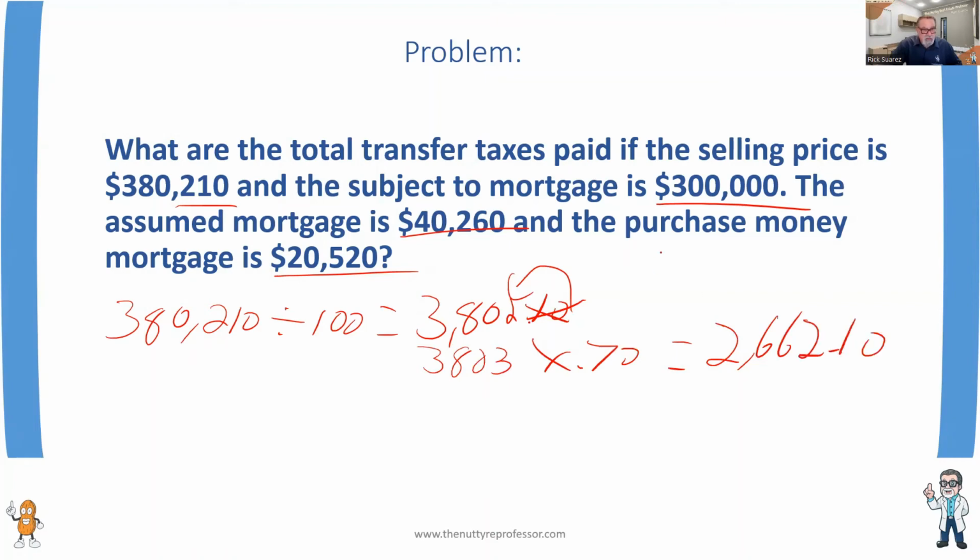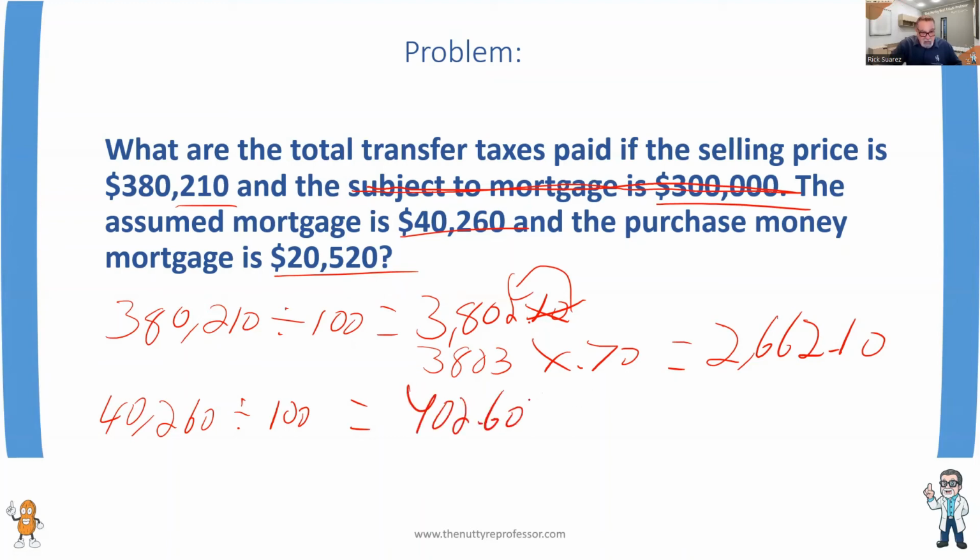2,662 with 10 cents. This one we don't need to worry about because it's subject to mortgage, and subject to mortgage just doesn't pay. The buyer is not liable, so there's nothing transferring, so he doesn't pay anything. The assumed mortgage is 40,260. So let's look at that. We're going to divide that by 100. So 40,260 divided by 100, and this is going to be 402.60.